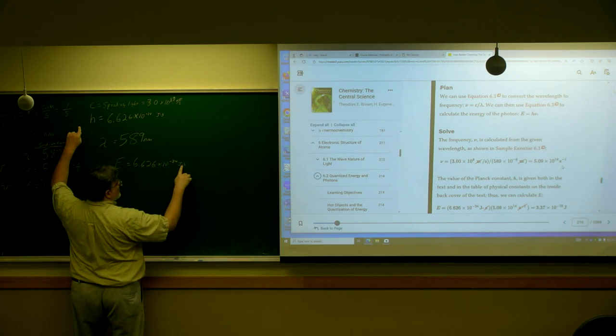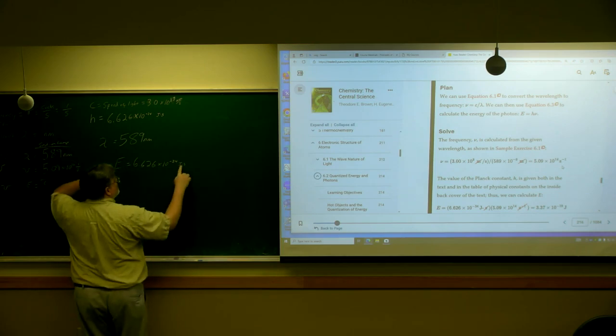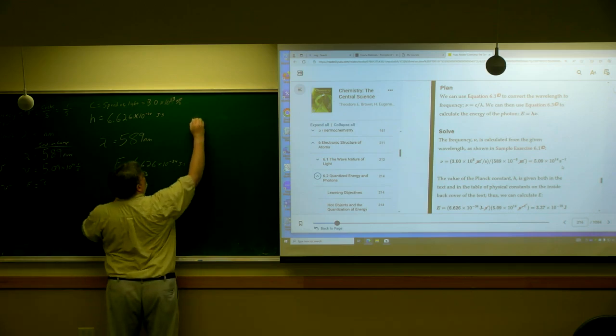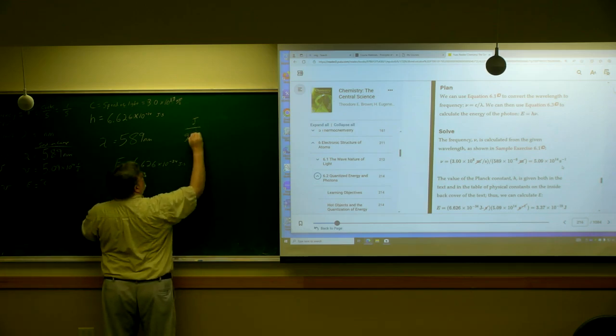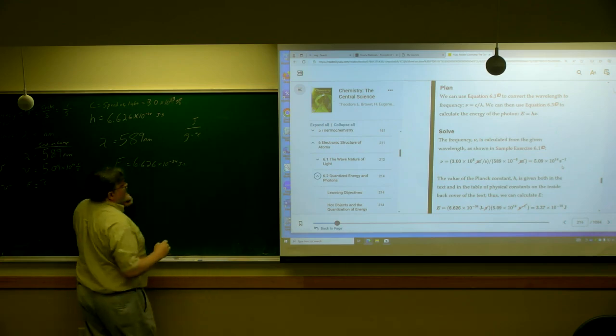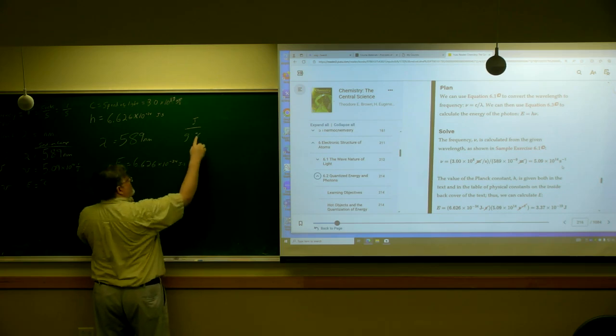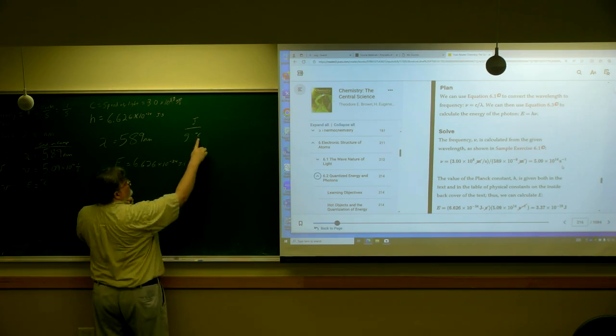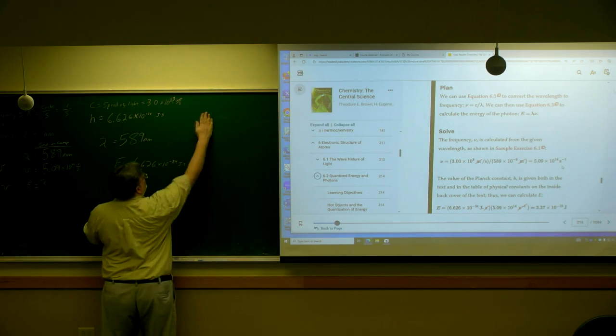That's J times S. We usually just put a dot there. You saw me use that dot when we did grams, degrees C, when we did heat capacity. It just means grams and degrees C are on the bottom together.